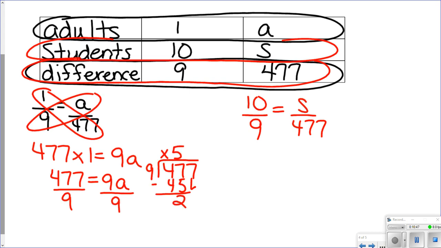Subtract, get a 2, bring down the 7. 9 goes into 27 3 times. We're left with A equals 53. So there are 53 adults.